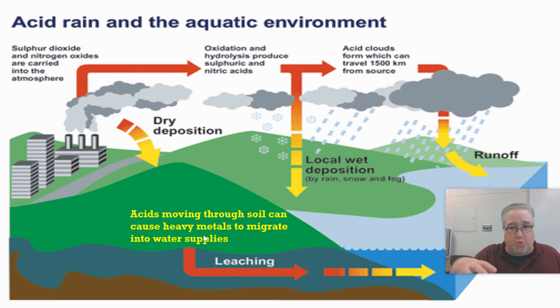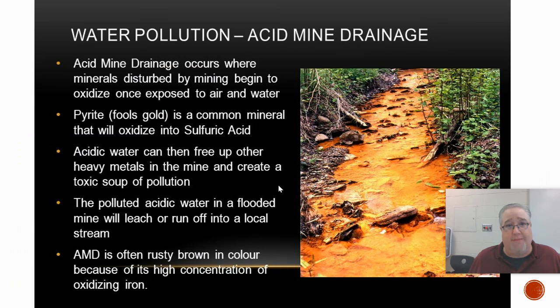When those acids reach the surface from acid rain, as they migrate through the soil, they actually can force metals in the soil to migrate. So if there's any lead or mercury or any type of heavy metal in the soil, those acids can actually dislodge those metals and carry them into bodies of water. So this is a concern. There's a connection between acid rain and metals in the surface being moved into water. All right, so make sure we understand that.